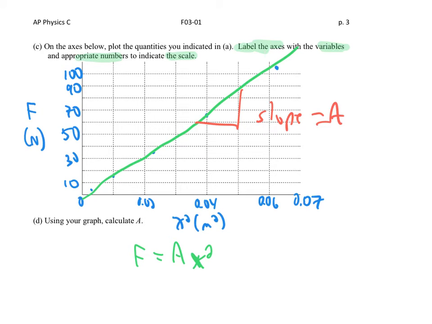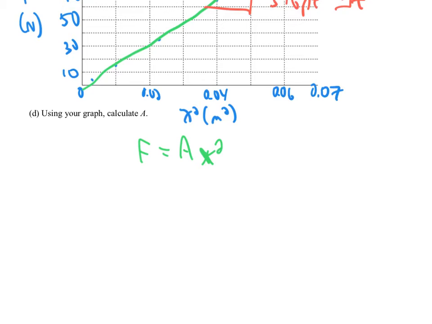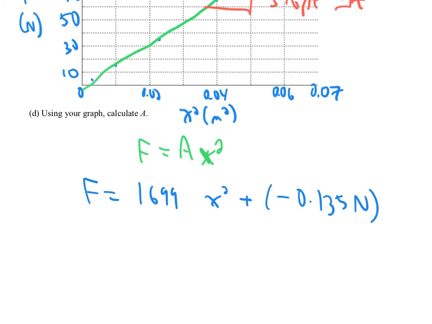On the other hand, I'm going to do it on the TI calculator and use linear regression just to get a more exact value. According to the TI calculator, F is 1699 times x squared plus minus 0.135. This would be in newtons, and this would be in newtons per meter squared.